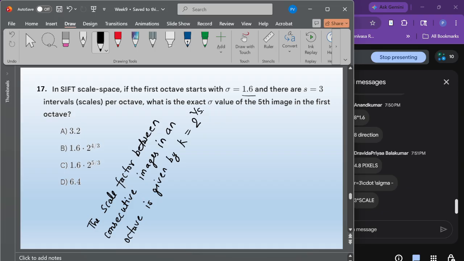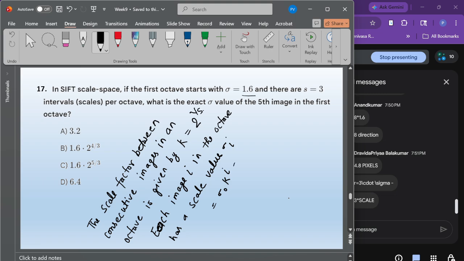Now each image i in the octave has a scale value sigma i, calculated by sigma 0 times k to the power i. Putting k equal to 2 to the power 1 by s, we can write sigma 0 times 2 to the power i by s.